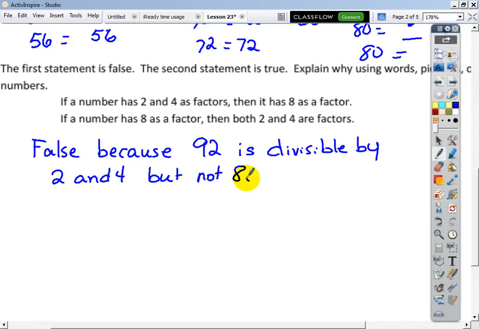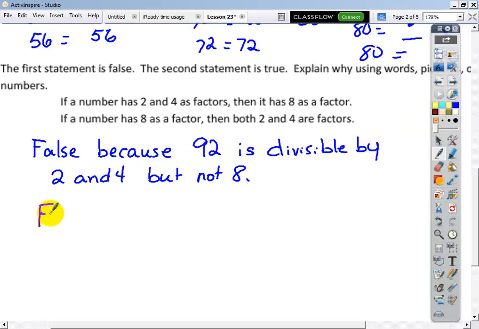Any number that can be divided exactly by 8 can also be divided by 2 and 4. Okay. We're just going to say, as a rule, we're going to make this statement right now, that if 2 and 4 work as factors, 8 will also. That's a rule. I don't know how we're going to prove that. We'd have to prove it with all the numbers in the world, but it is a fact, okay? So we'll just go with the fact.